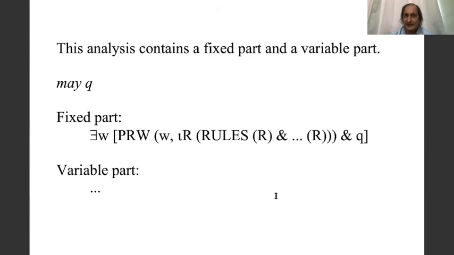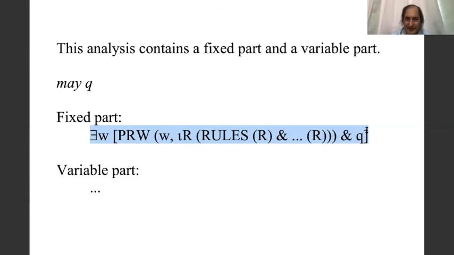This analysis contains a fixed part and a variable part. We can illustrate that rather than saying John may win, let's take John win to be abbreviated by Q. And so we'll say that this is the sentence may Q. The fixed part then is this. For a deontic modal, we're always talking about perfect rule following worlds.